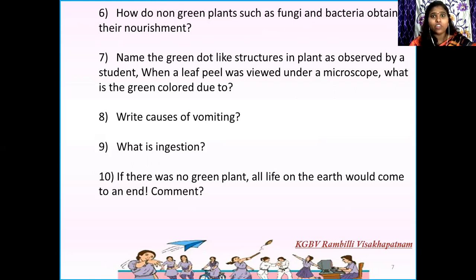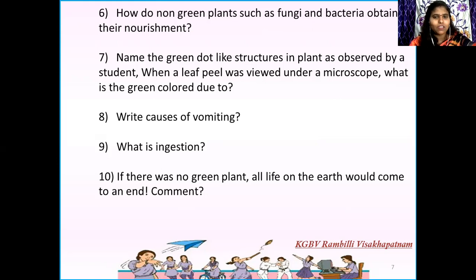Next, name the green dot-like structures in plants observed by the student when a leaf peel was viewed under a microscope. What is the green color due to? So we know very well. What are the green color structures in that one? Yes, you know very well.